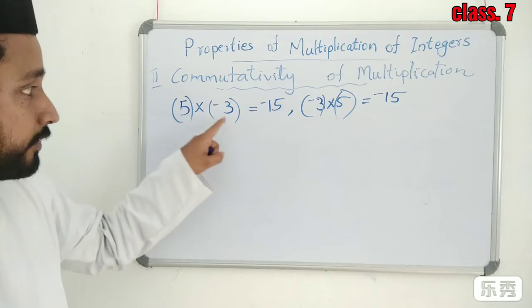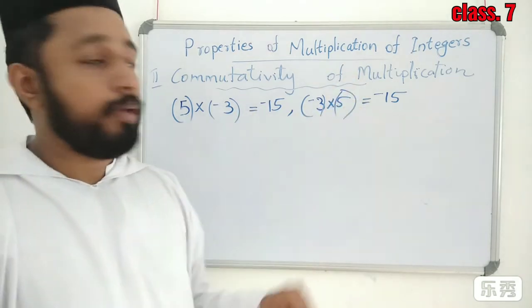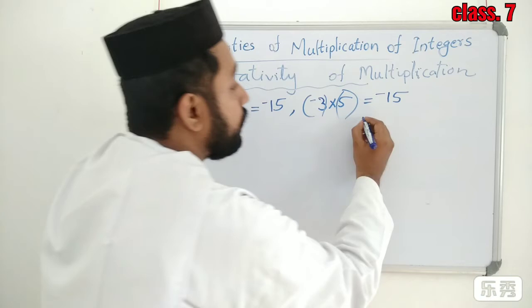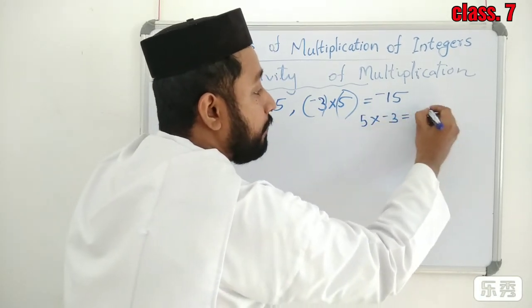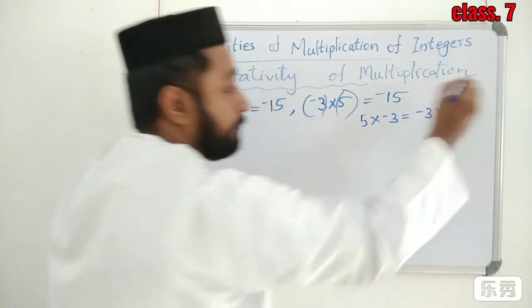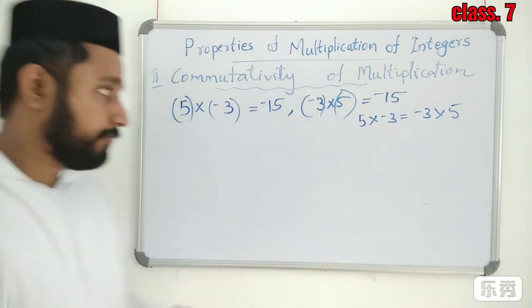So 5 into minus 3, we got minus 15, minus 3 into 5, we also got minus 15, which means 5 into minus 3 is equal to minus 3 into 5.